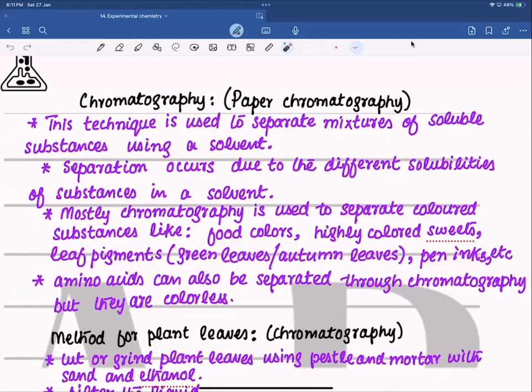All of these colored things can be separated through chromatography. After this, we can also separate amino acids through chromatography. The only difference is that amino acids are colorless.